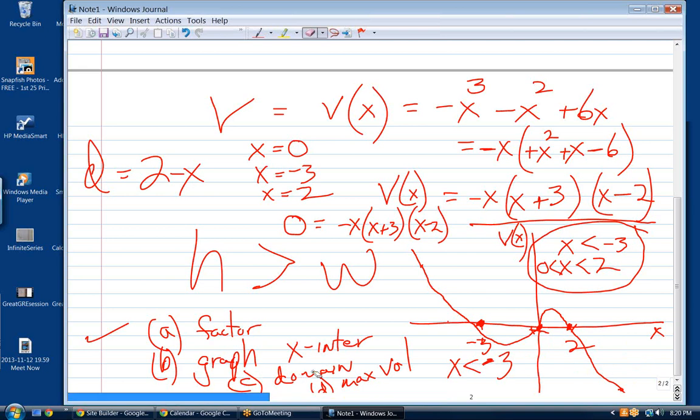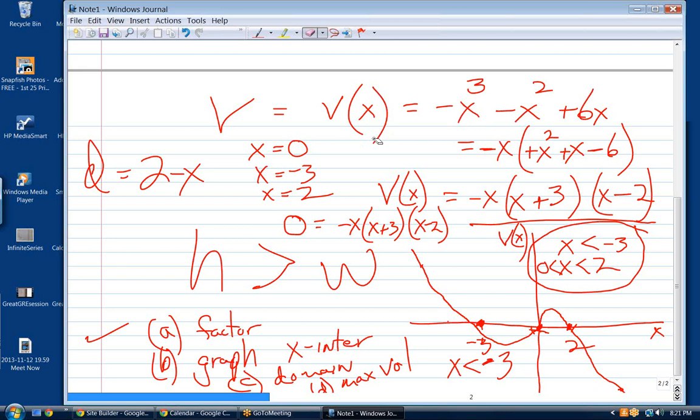We clearly can't have X's that create negative volumes. And that's what they mean by the effective domain. If you just looked at this function, there is no restrictions on X. X can be all reals. It can be anywhere from negative infinity to positive infinity, if I look strictly at the function, v of x. But knowing that v of x is the volume of a CD container changes everything.